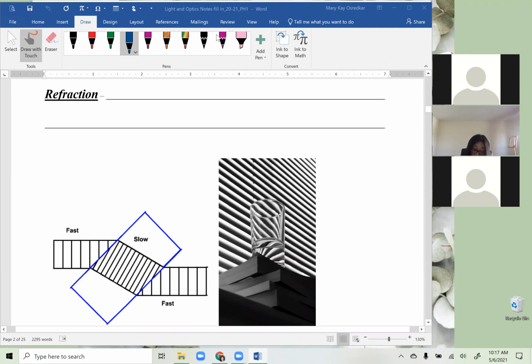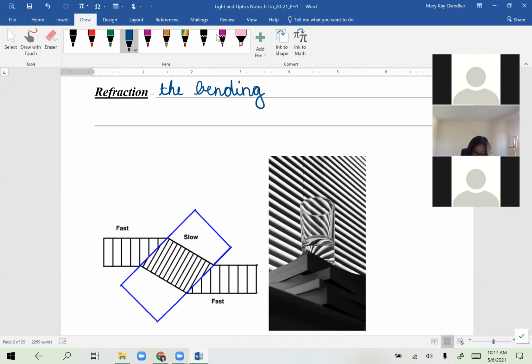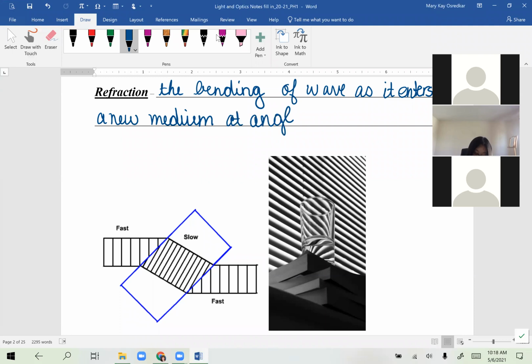All right. Okay. So refraction is the bending of a wave as it enters a new medium at an angle with the normal line.